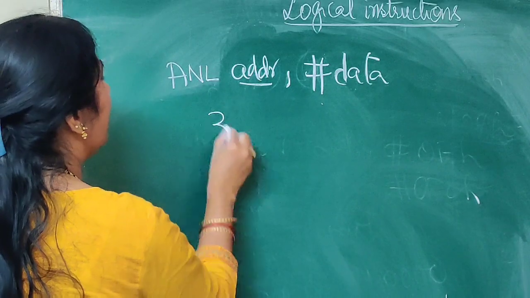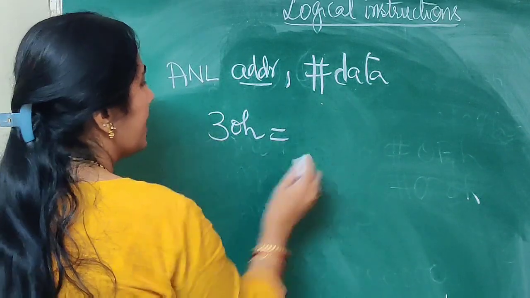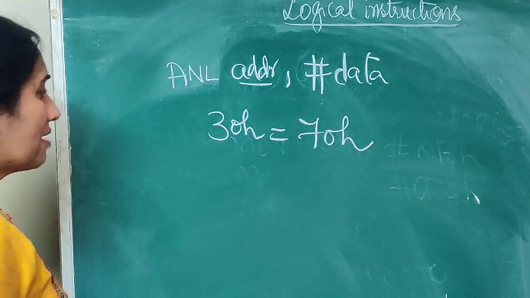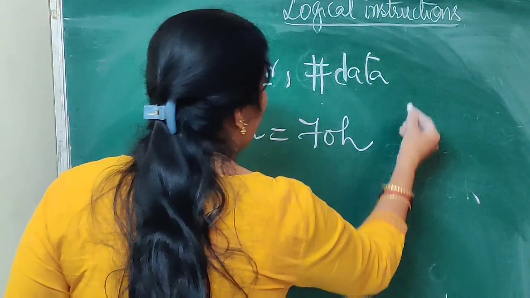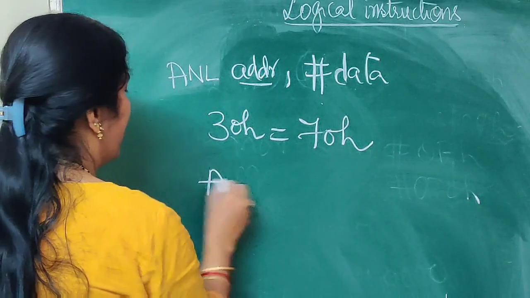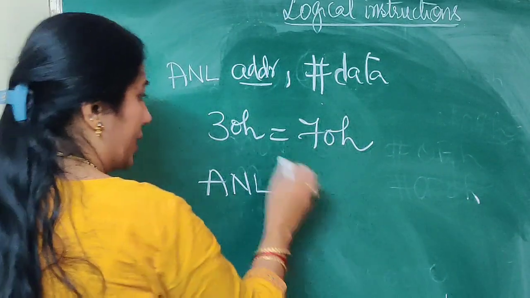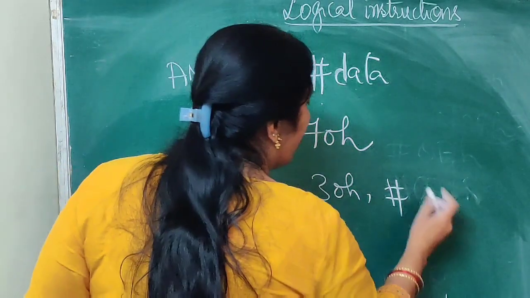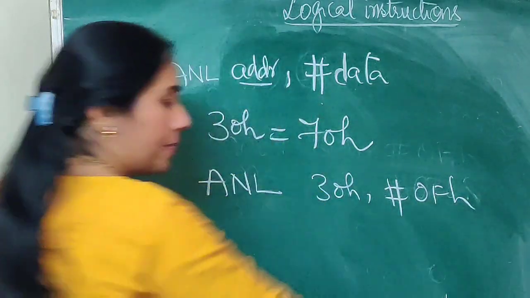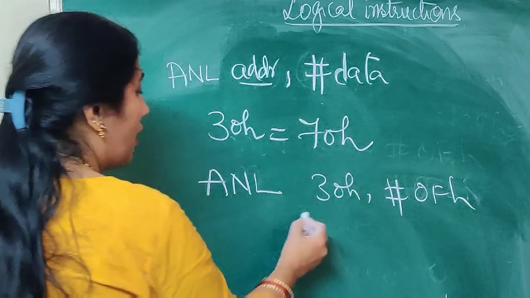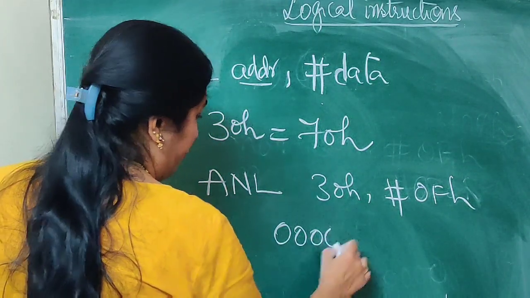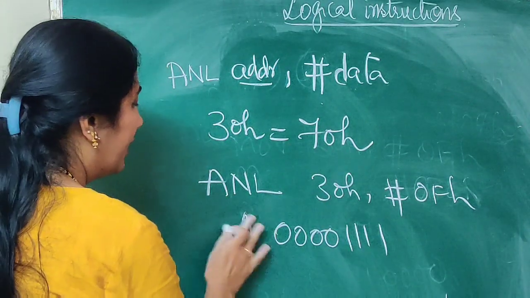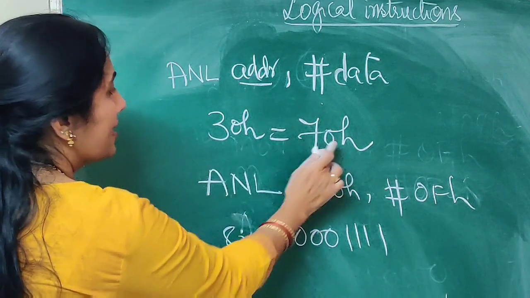Assume that 30 hex is having certain data, 70 hex. And if I now write ANL 30 hex comma hash 0F hex, what's going to happen? 0F will get ANDed with the content of 30 hex. What is there in the 30 hex?